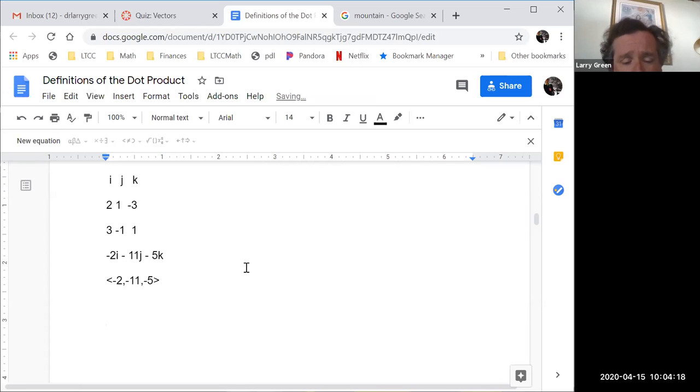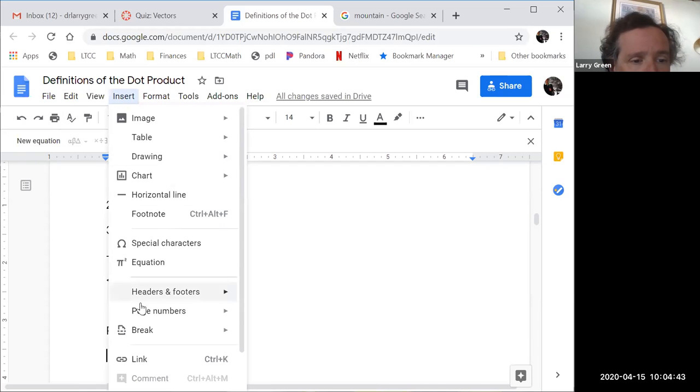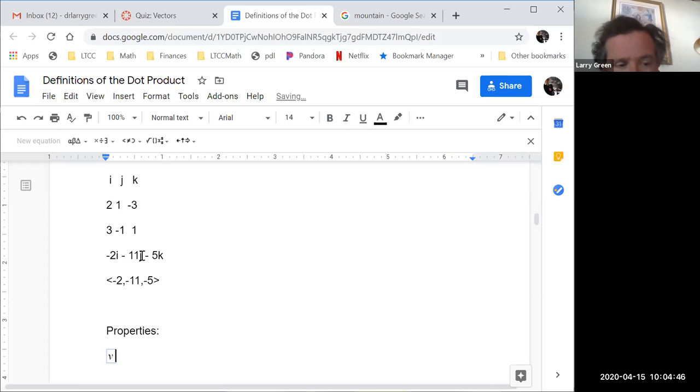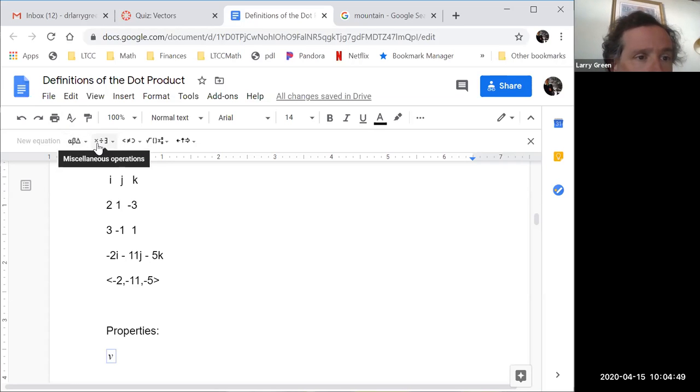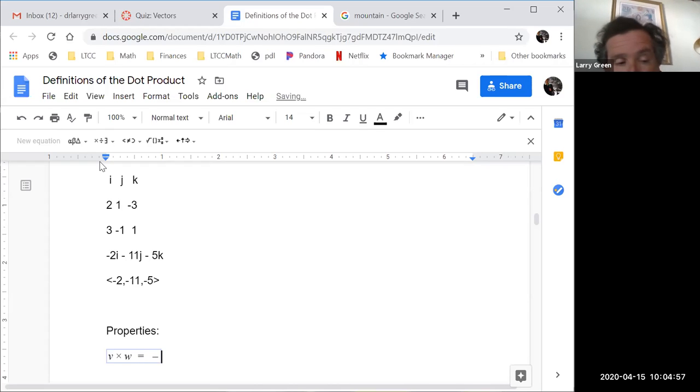Well, with the dot product, we had v dot w equals w dot v. Do you think that's going to be true for the cross product? Okay, the answer is no. But what we can say is that v cross w is equal to negative w cross v.